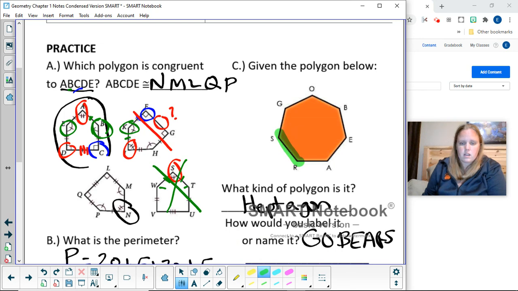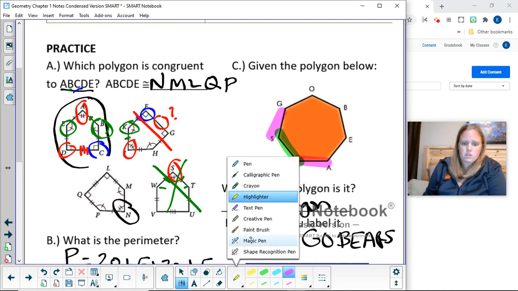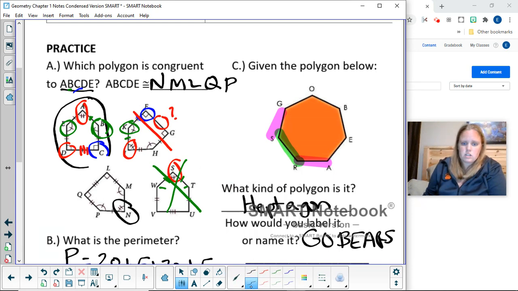RS right there. So I need another side basically that is connected to RS. So again, I have two options, GS or AR. Now I can interchange these. I can say GS or SG. It doesn't matter which letter comes first. So either one, GS or AR.